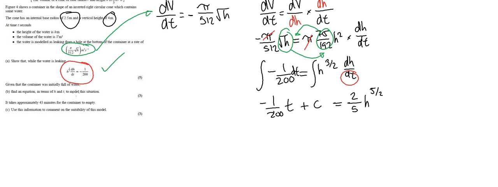Now, what I need to do is work out what c is. So I set my initial condition. My initial condition was that when t equals 0, h equals 4. So therefore, I can substitute that in here, and that tells me that c is equal to 64 over 5, because that's the only unknown. So therefore, I can find c.